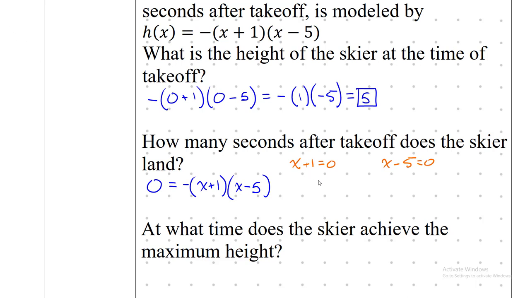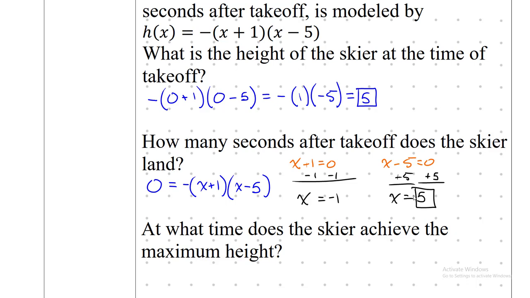Solving both of those, I'm going to subtract 1, and I'm left with x is equal to negative 1, and let's add 5, and x is equal to 5. So it looks like I'm at a height of 0, negative 1 seconds before the jump, which makes sense, and then I go up the ramp, right? And then 5 seconds after the jump, I land. So the answer here is 5.